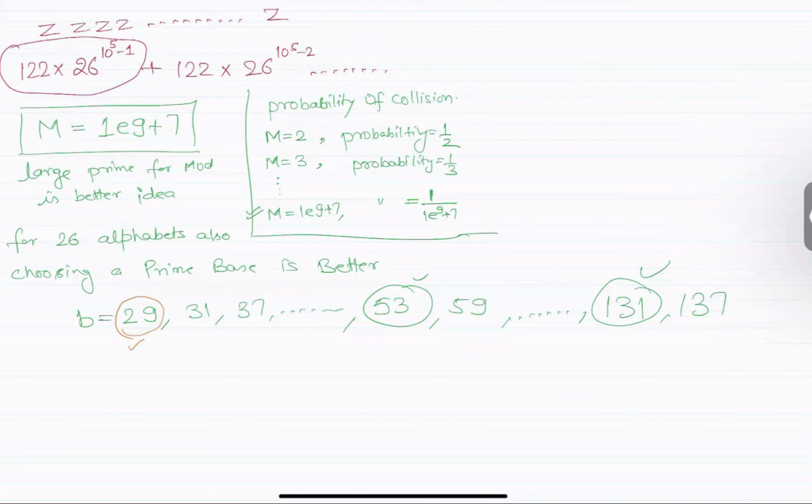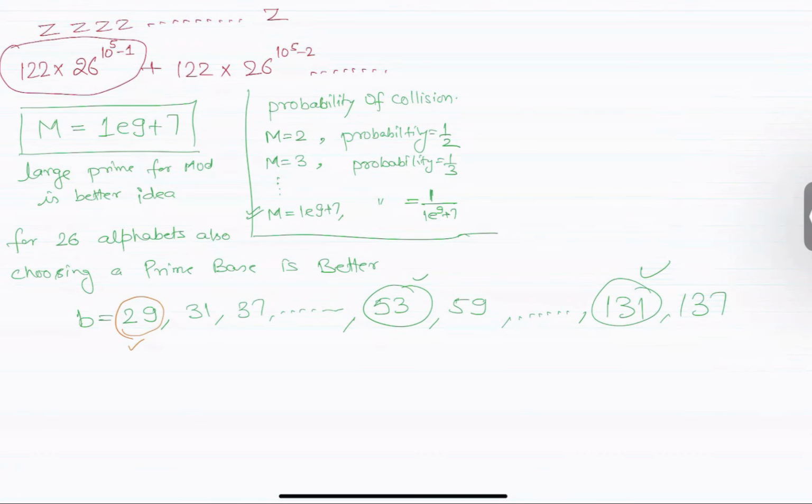So this becomes a good choice. So ultimately the crux is, depending on the alphabet size, we can choose a good prime base rather than choosing the actual base. It's better to go with a prime base because there you are having less probability of collision. So you are decreasing the probability of collision.